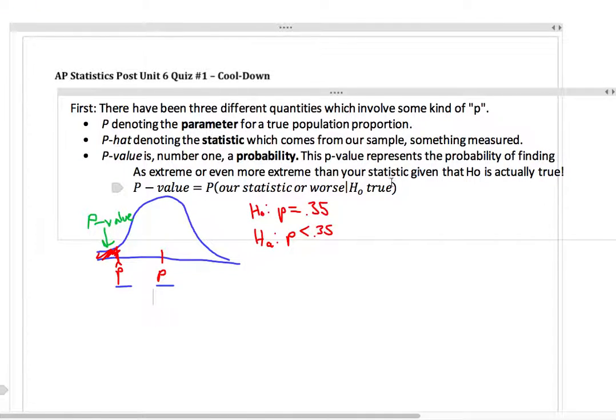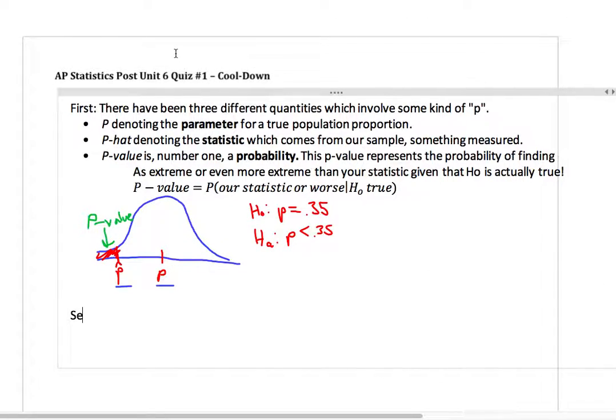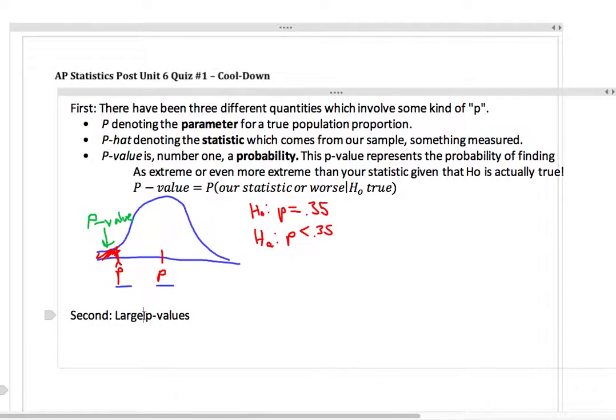Let's go back to our text and scroll down here a bit and say second, large p-values. Let's go with small first, because that's what I said first.